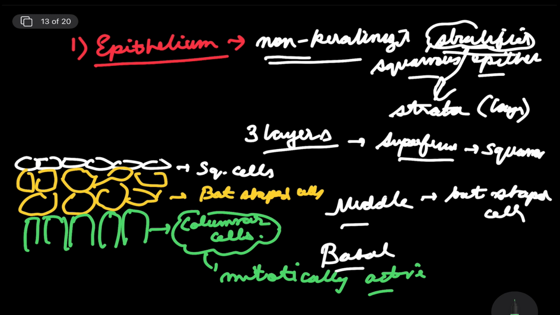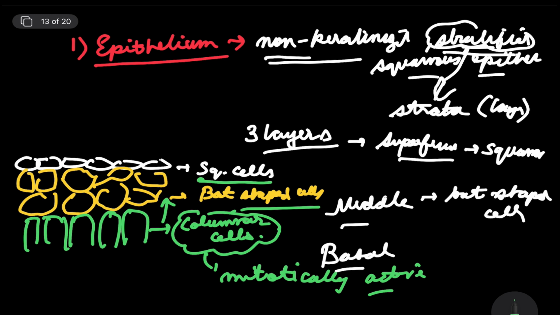The basal cells undergo mitosis, and this is what happens in our skin as well, which is, by the way, an example of stratified keratinized epithelium. So our skin epithelium also has different layers, and from the deeper layers, the cells which are mitotically active keep dividing and keep pushing upwards. They become the bat-shaped middle layered cells, and finally become flattened to become the squamous superficial cells.